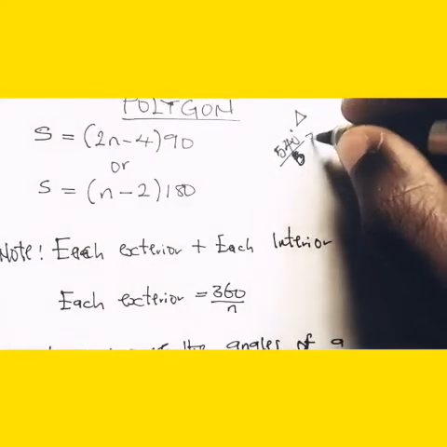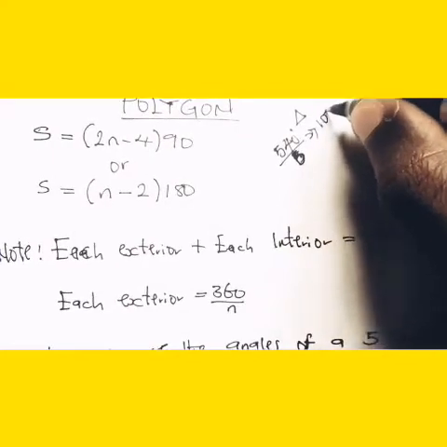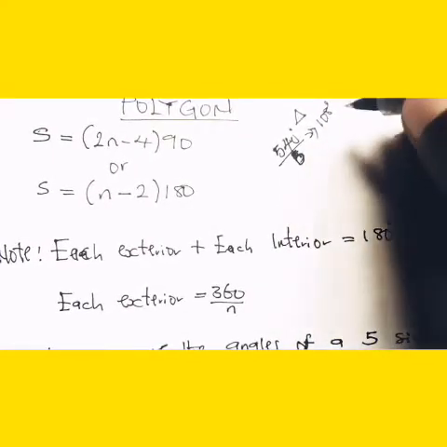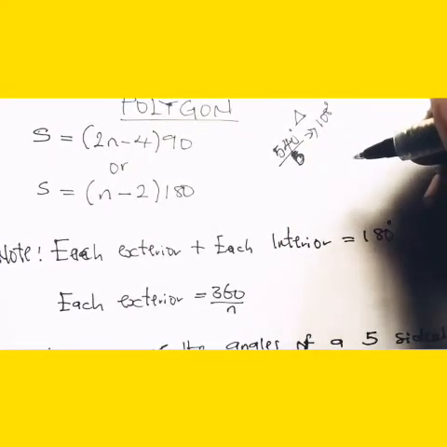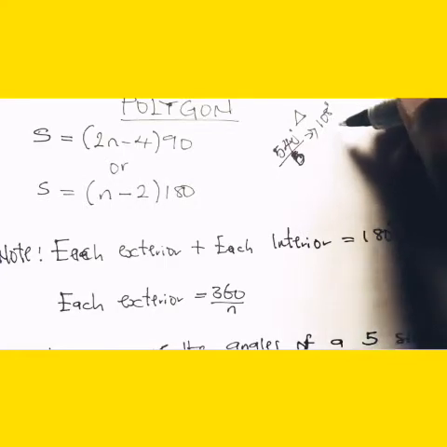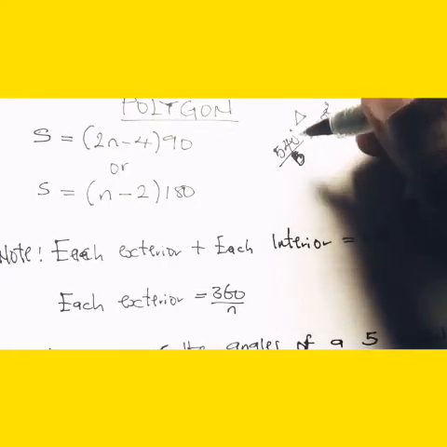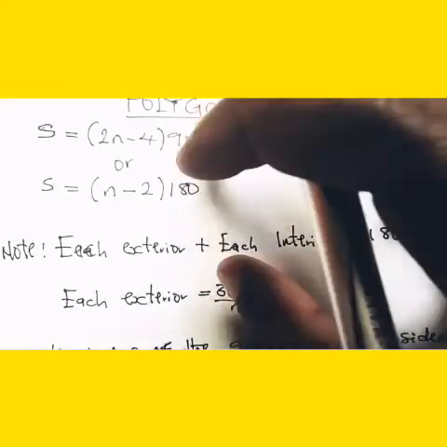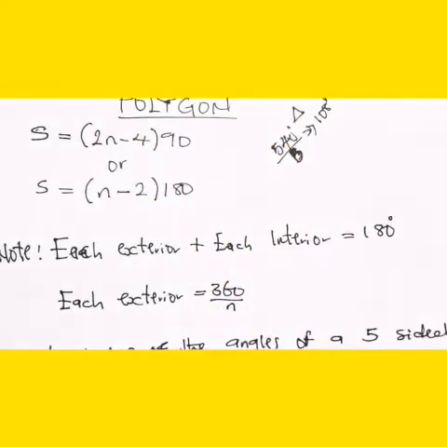This gives 108 degrees, so each interior angle of a pentagon is 108. So basically, these are the two formulas we need to have in mind.